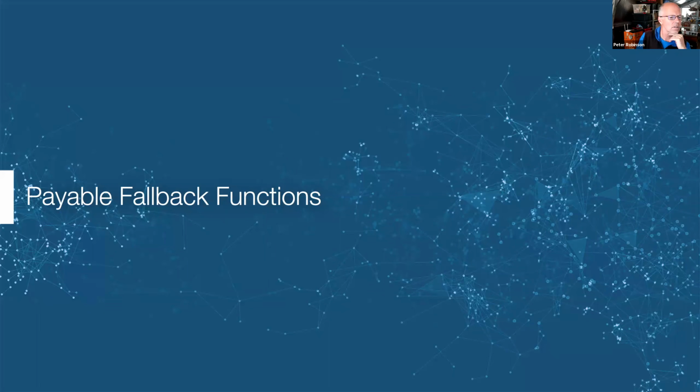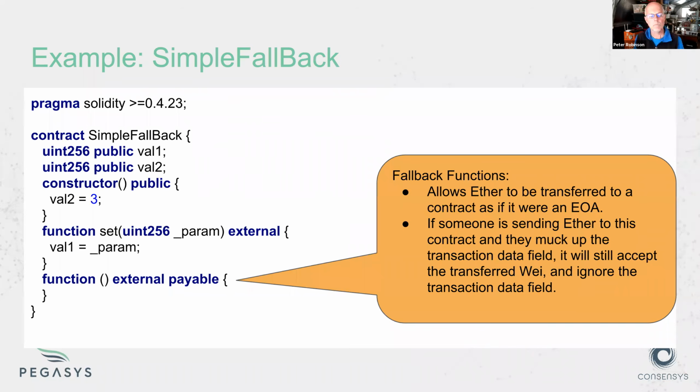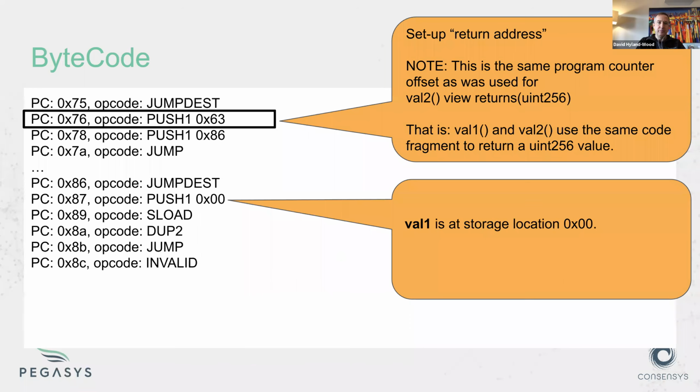Peter, I have a question for you. Is that the result of the compiler optimization? If you would turn optimization off, would those have been separate? Would the duplication have been present in the bytecode? That is a fantastic question. I suspect the answer is yes.